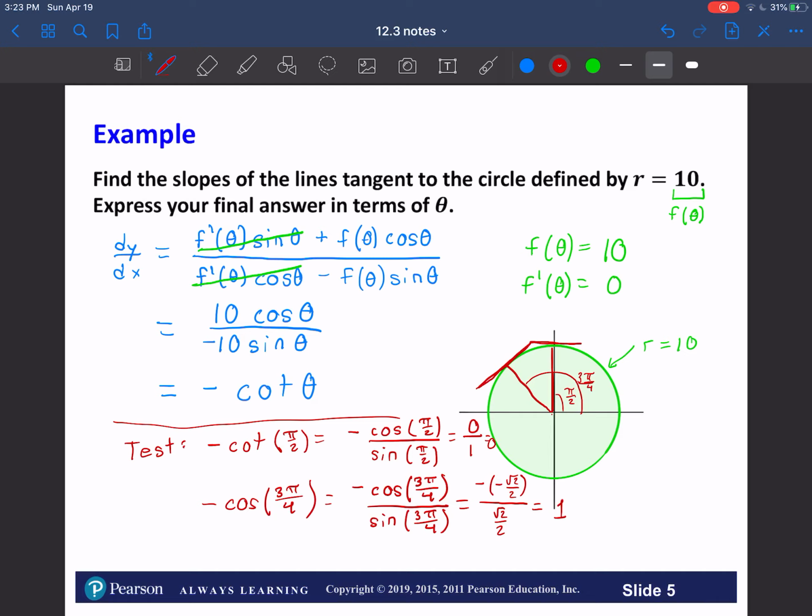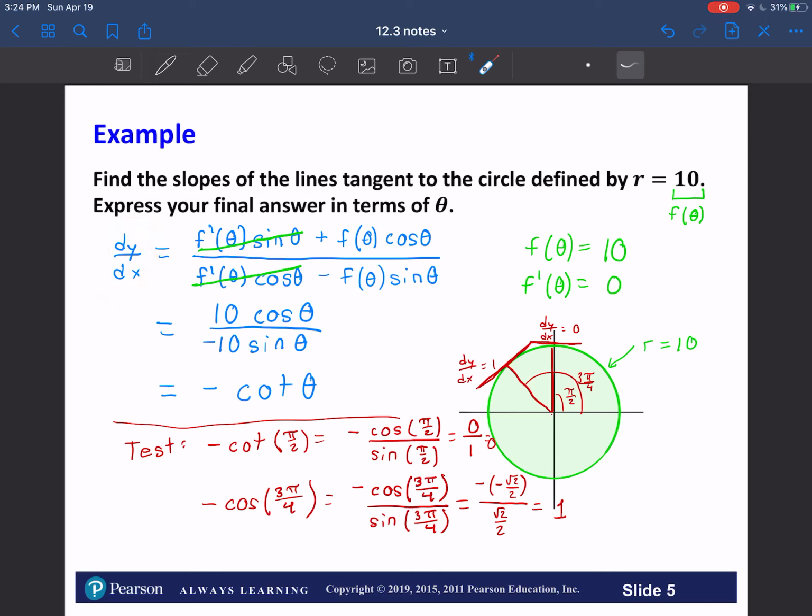The slope here is clearly 1. So let me say dy by dx equals 1, and up here dy by dx equals 0. So this should be a fairly good example to illustrate the idea behind calculating dy by dx.